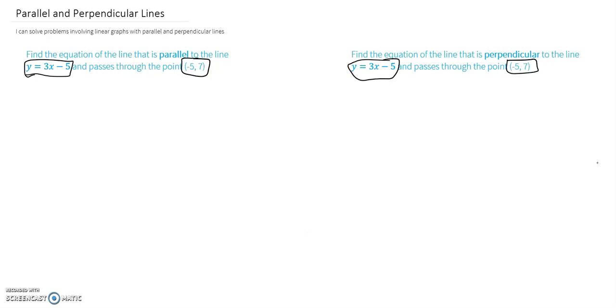Now be careful here. This means that the parallel line or the perpendicular line will pass through this point, not this equation here. Okay, so we're trying to find the parallel line that's parallel to this and passes through this point. And then in the second one, it's the same thing, but we're going to find the perpendicular line.